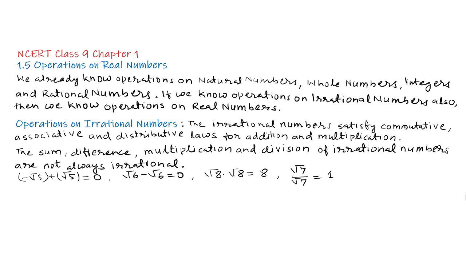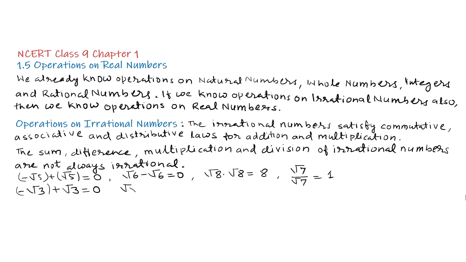We go for a few more examples. Minus root 3 plus root 3 equal to 0. When we add one irrational number with another irrational number, and we are getting a rational number, it means that it may or may not be irrational.